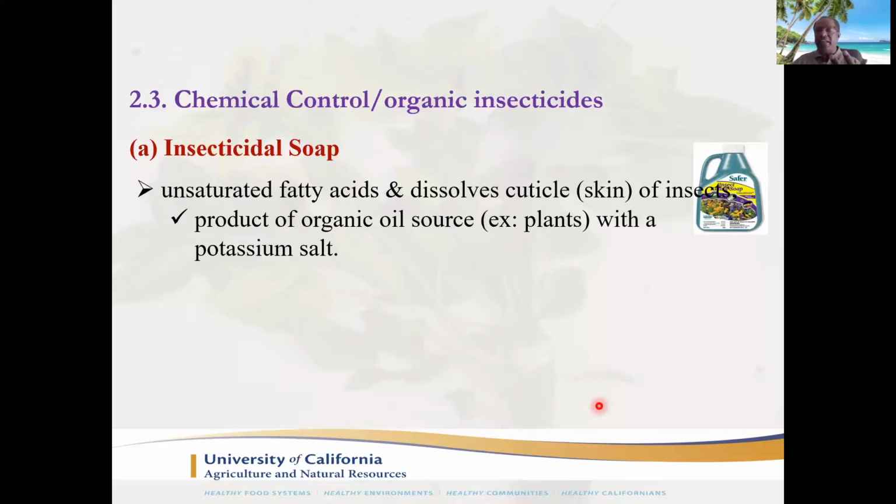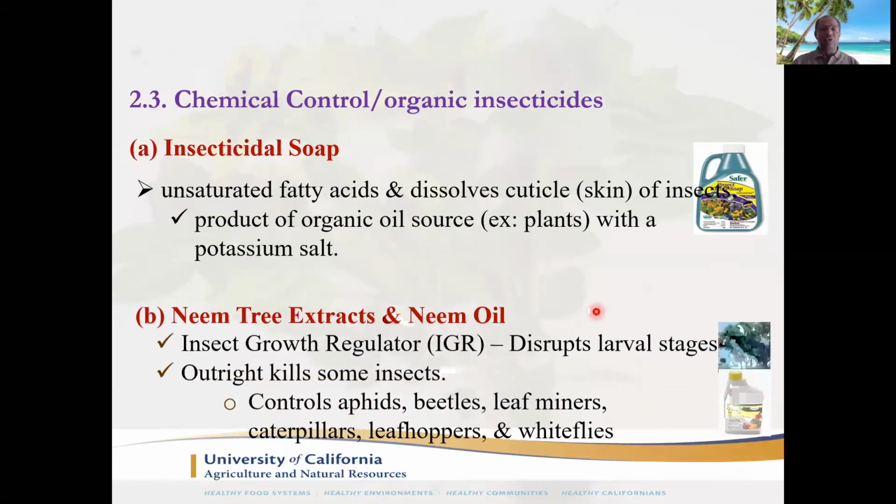Example, the insecticidal soap, those are available on the market. What they are, they are unsaturated fatty acids made from animal fats. They dissolve the cuticles or the skins of the insects and make them vulnerable to other organisms. Okay, so products of organic oil with, for example, potassium salt and so on are also good ones.